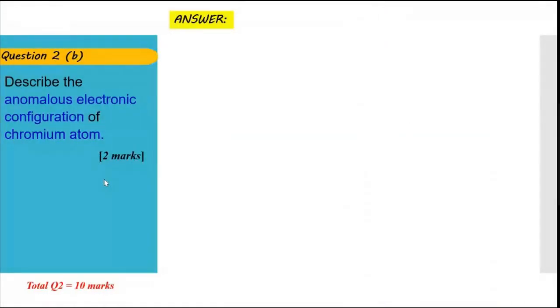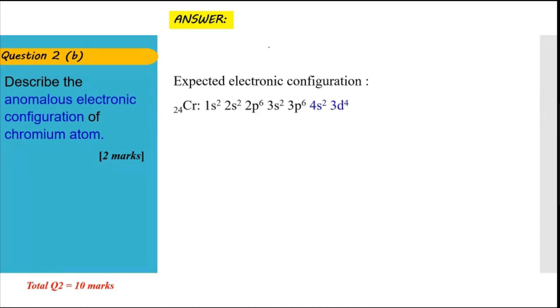2B, describe the anomalous electronic configuration of chromium atom. So this is a very direct knowledge question. As usual, you have to write 2 configurations. The expected electronic configuration is based on the Aufbau principle.